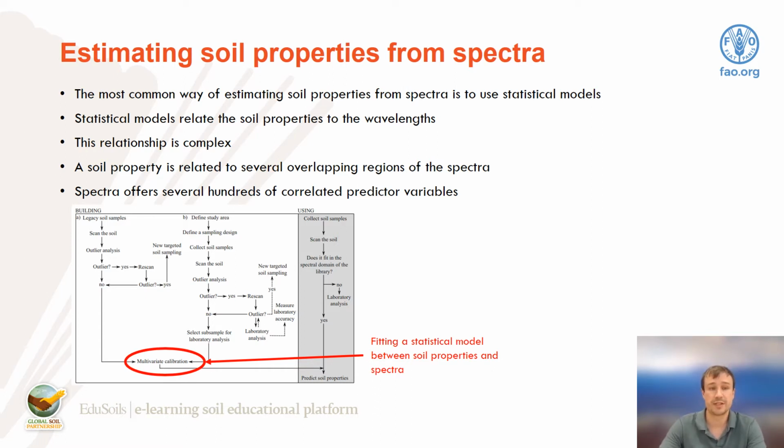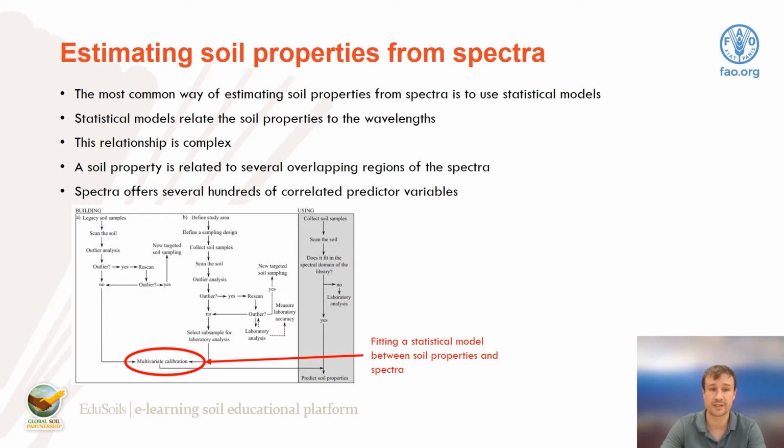In this figure, these are the steps to build a spectral library for soil. You don't need to read it all, and I will not explain it in detail because you can find the description in many papers and textbooks. What is important to remember is that fitting a model between soil properties and spectra is one of the last steps in the process of building and using your spectral library.